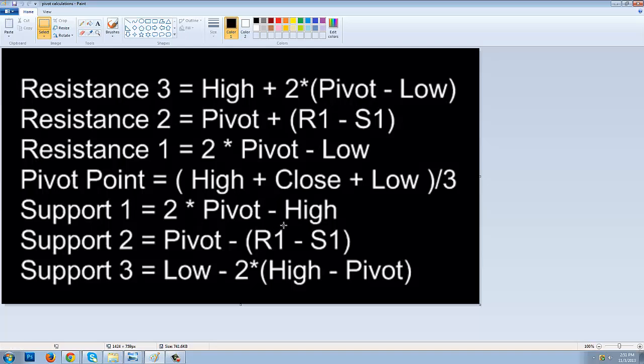I will find the website and put a link, so at least you will find it. Like support number 1, you multiply 2 by the pivot, minus the high. This is how you find the support line. Support line 2 is the pivot minus resistance 1 plus support 1. This is just how to calculate.